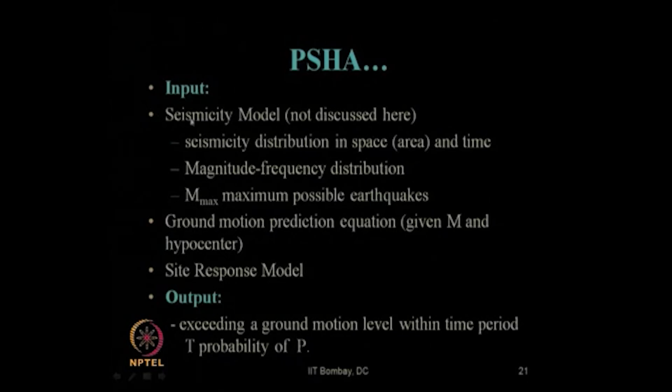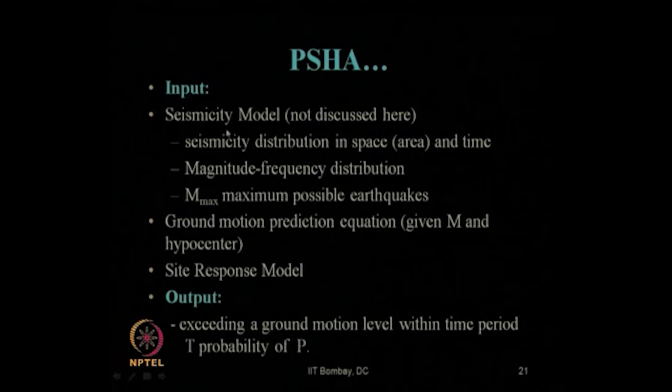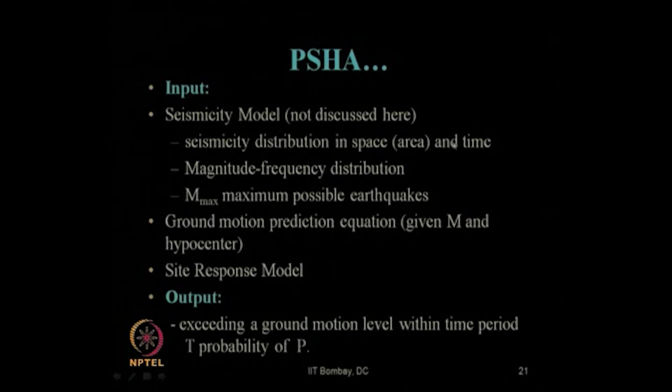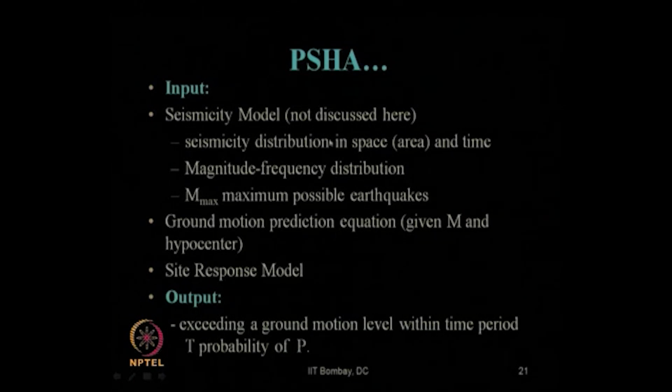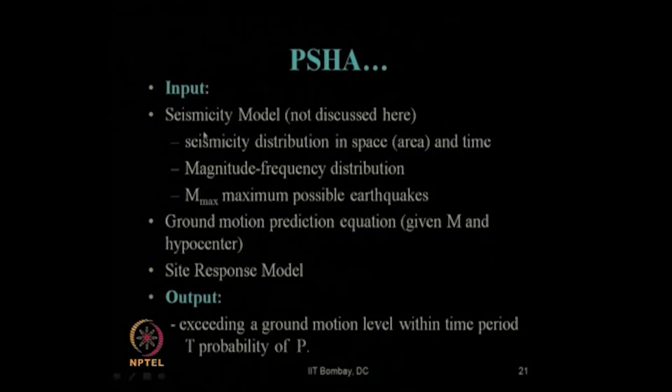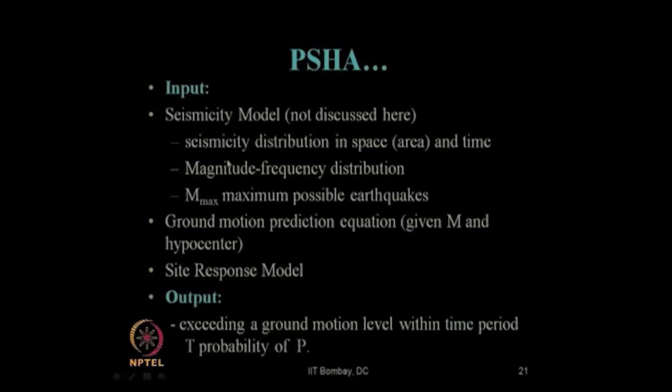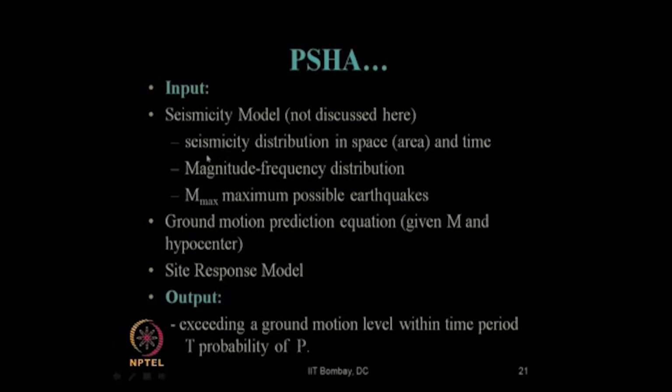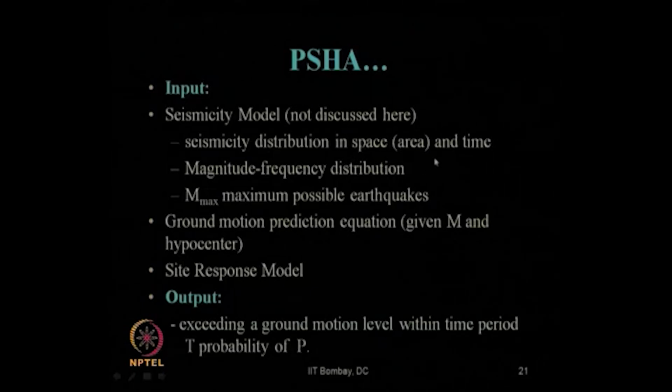So, what are the various inputs necessary for this PSHA? The input is the seismicity model. We are not discussing it here; we will discuss it later, what the various seismicity models are, when we take an example problem for a particular area. The seismicity model describes how the seismicity is distributed in space, that is, in the entire area, and how it is distributed over time.